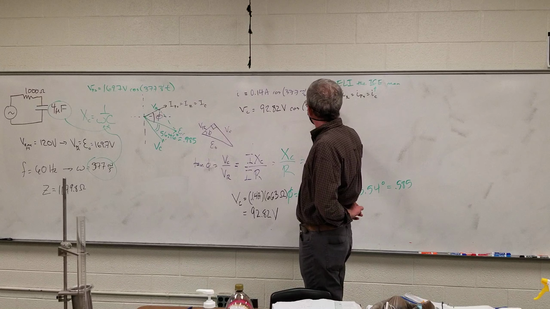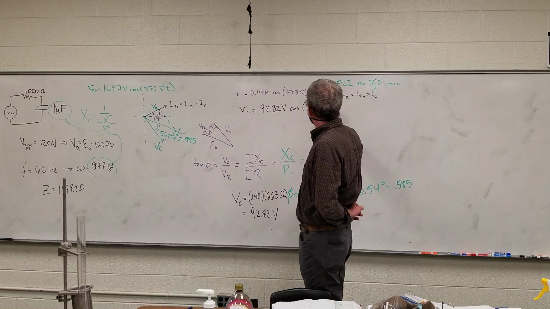Maximum voltage across the resistor is equal to I times R. Maximum voltage across the capacitor is equal to I times X sub C, where X sub C is 1 over omega times C. Not in this problem, but in a future problem, V sub L is equal to I times X sub L, the inductive reactance, where X sub L is equal to omega times the inductance.